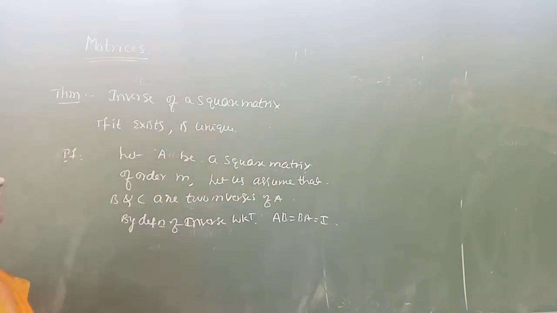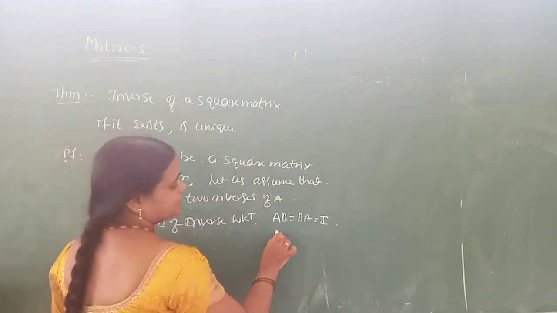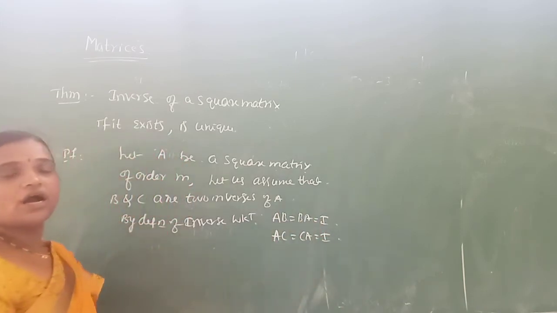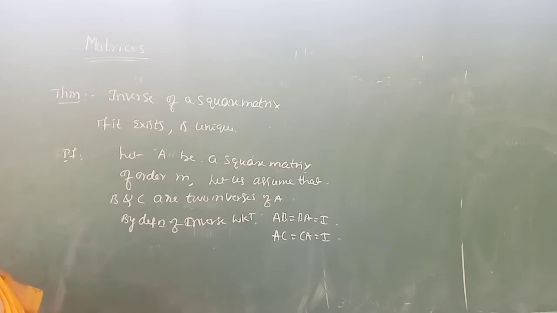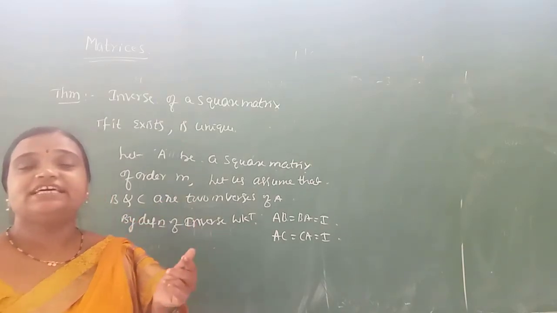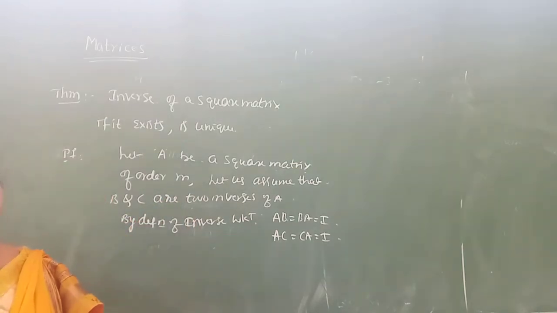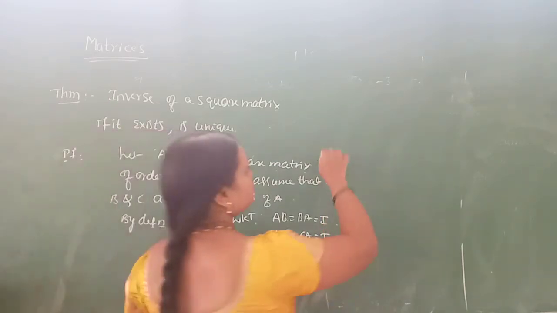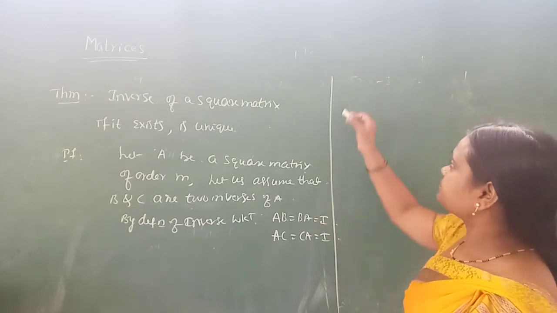But B and C both are inverses, so we can write AC equal to CA equal to I also. This is the definition of how we can write. But we have to prove B equal to C.